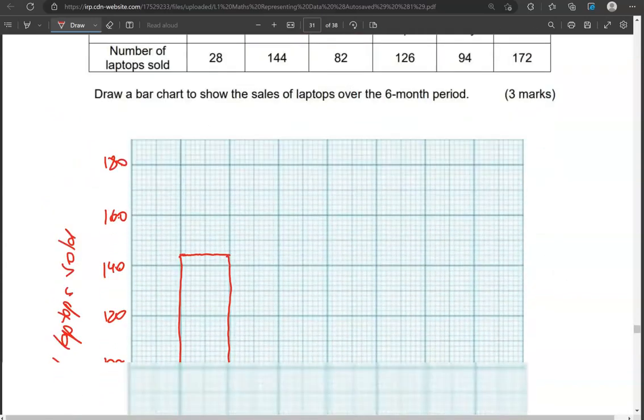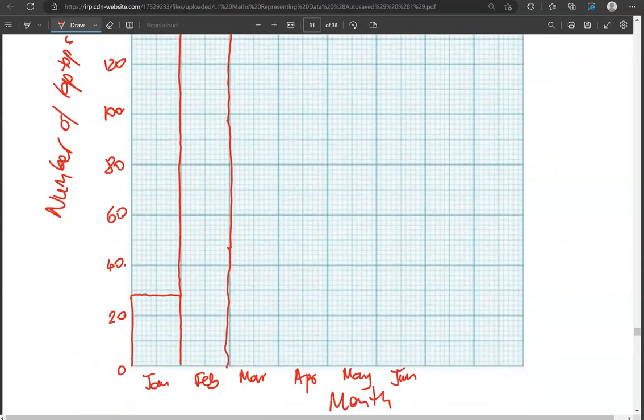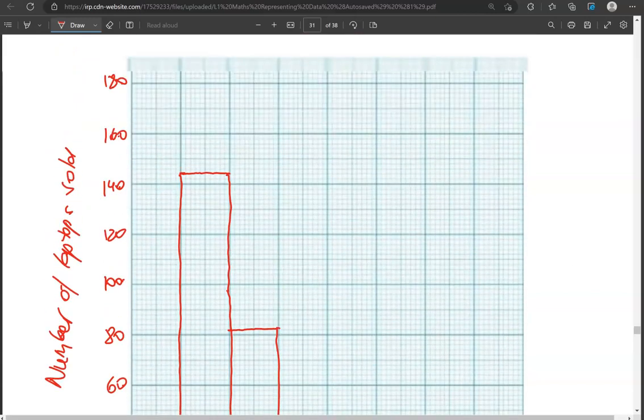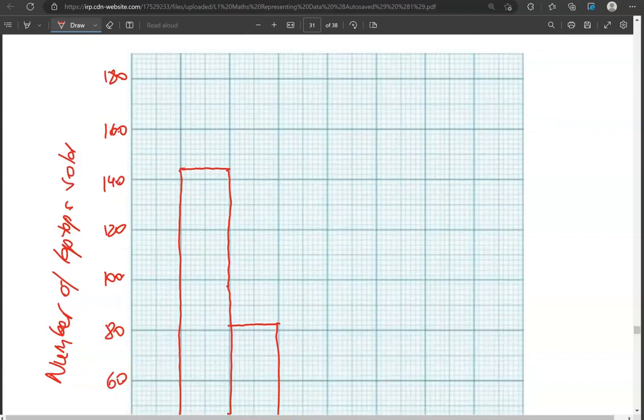March has 82. So there is 80, then 82. April 126, 120, 122, 124, 126.